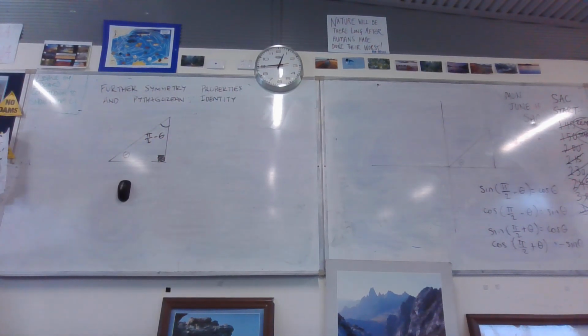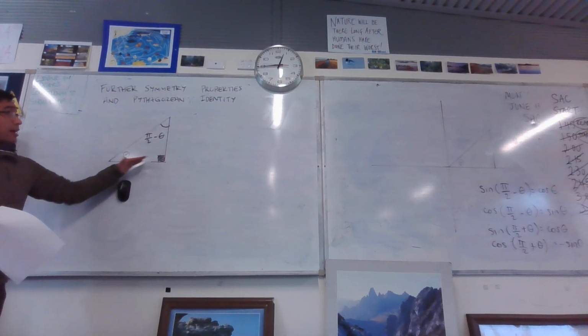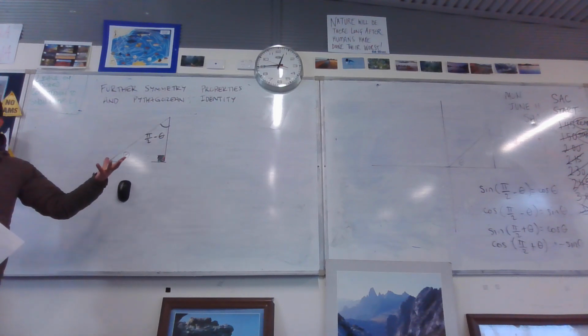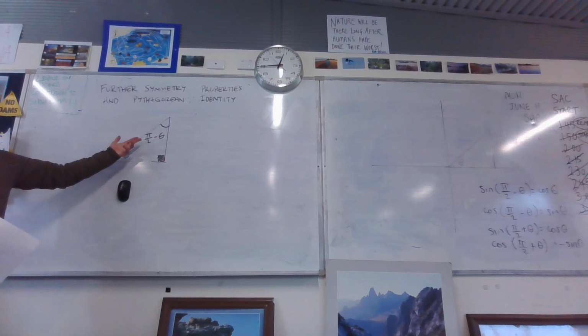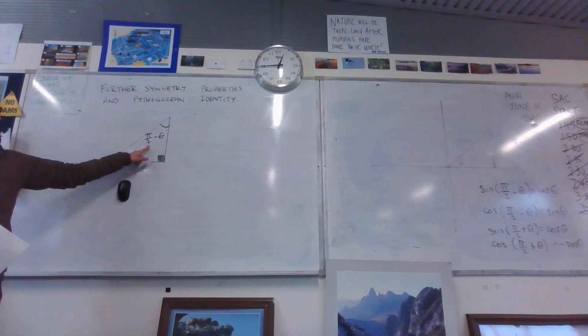We're good? Three triangles need to add up to 180. We've got a 90. Got an angle. And if this is the angle, what do we call this? What word would you use? Starts with C. Okay, like the yin and the yang.